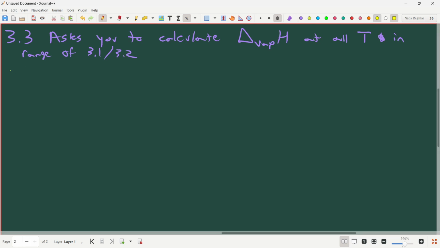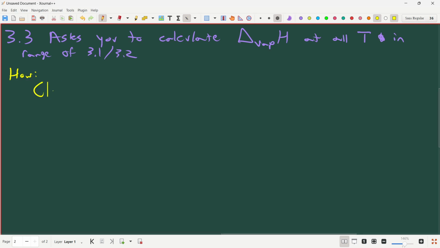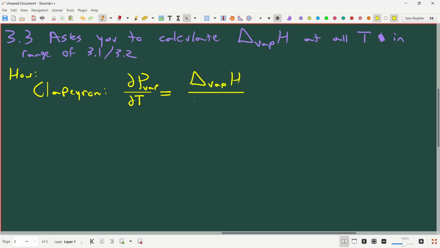So how do you do this? We apply the Clapeyron equation, which says that dP/dT, this is the vapor pressure of the system, is equal to the enthalpy of vaporization divided by the temperature times the change in the molar volumes.